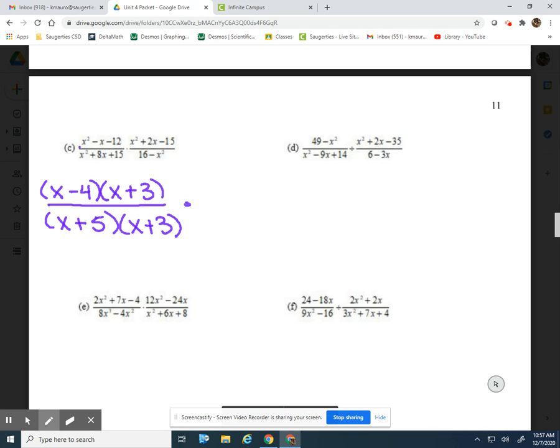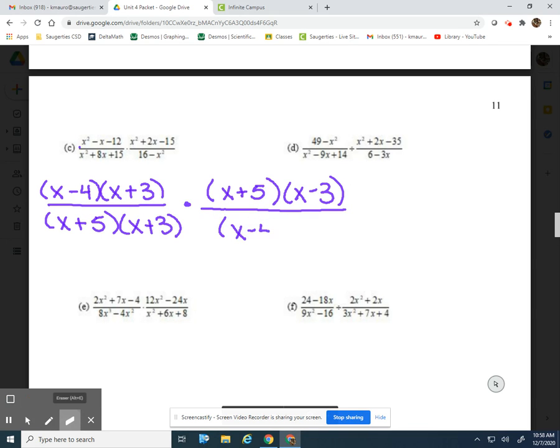Third one is a trinomial, multiply to -15, add up to +2. Hopefully I'm talking and writing correctly. And then this one is difference of perfect squares, x minus, nope, it's not x minus 4, it's 4 minus x. 4 minus x, 4 plus x.